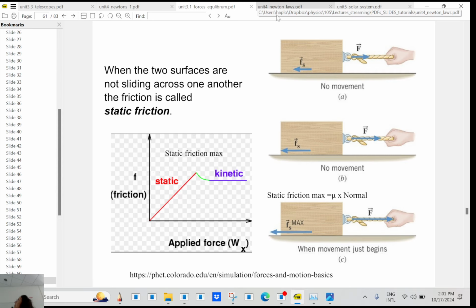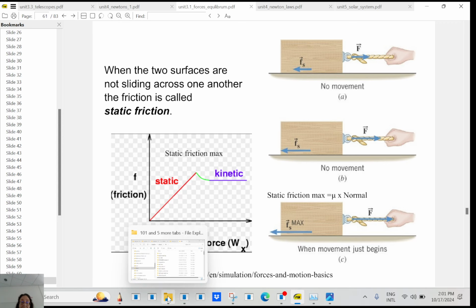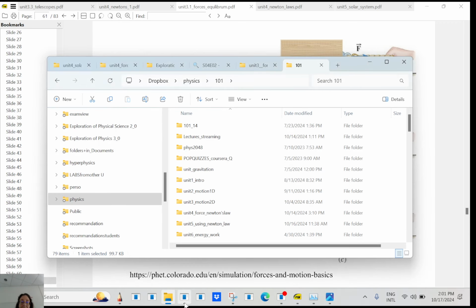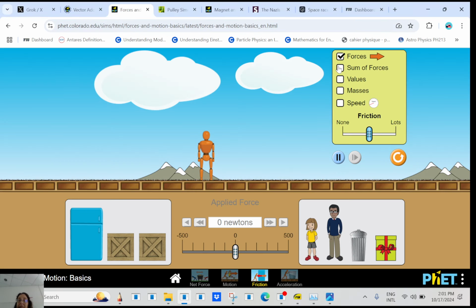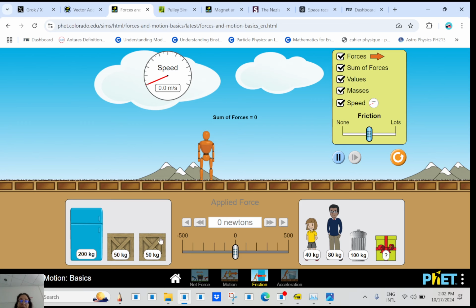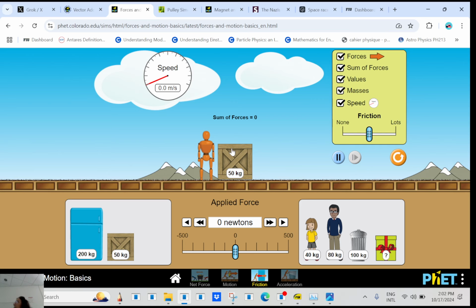Okay. So you have two kinds of friction: static friction and then kinetic friction, right? And if you use this app, it's a great app to understand. First of all, because I have assigned homework about friction, it's for next week.